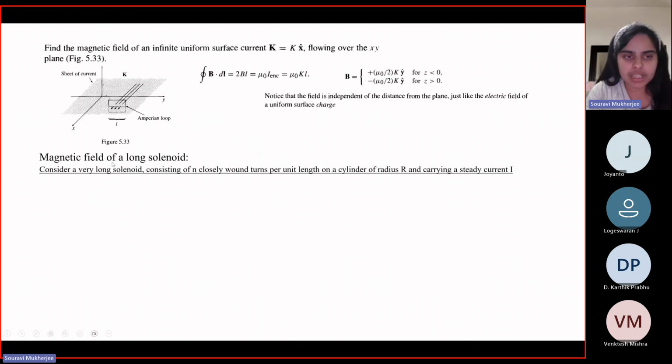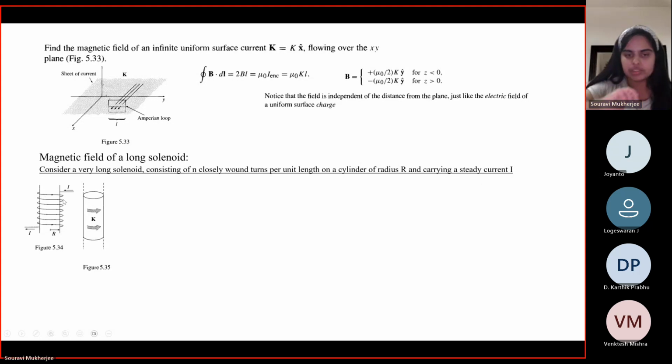Now let us move on to the magnetic field for a long solenoid. Consider a very long solenoid with n closely wound turns per unit length, radius r, carrying some steady current I. So basically what you have is a number of windings along a cylinder.